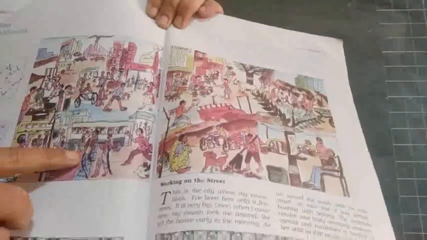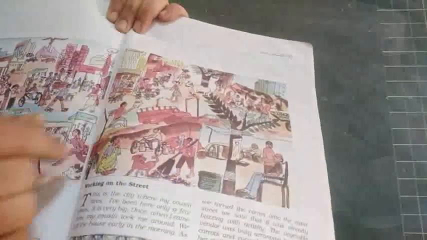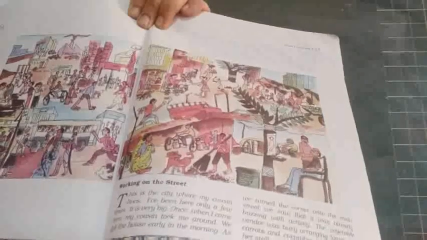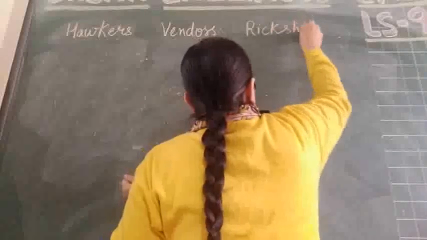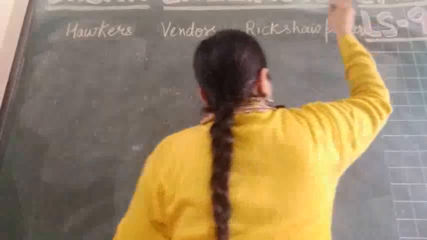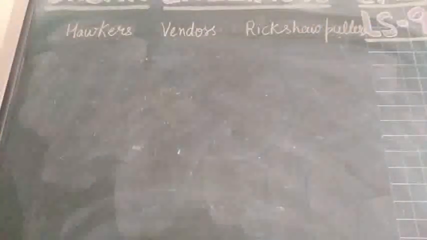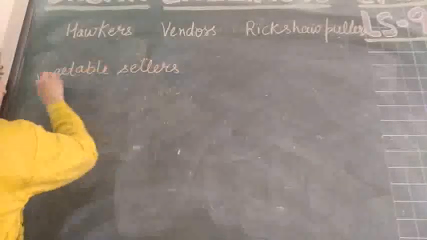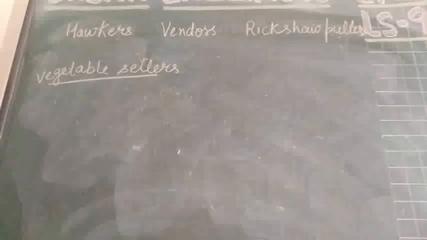The people in the rural areas mostly work in the fields or they go to catch fish which is sold by the women folk. In the cities, there are hawkers, vendors, rickshaw pullers, vegetable sellers and so on.